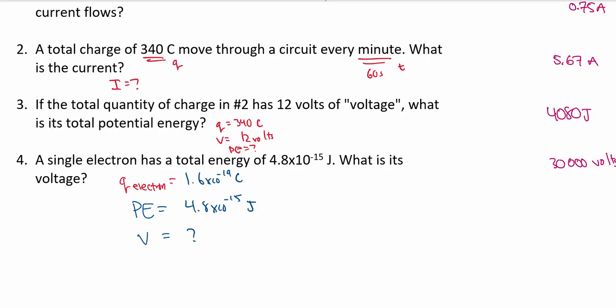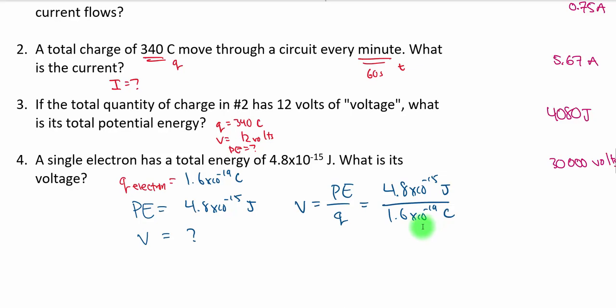So to solve this, we're going to have to use the old calculator, but if we set up the equation, we have voltage is equal to potential energy divided by charge quantity, PE over Q. So we'll have the 4.8 times 10 to the negative 15th joules of energy divided by 1.6 times 10 to the negative 19th coulombs of charge.